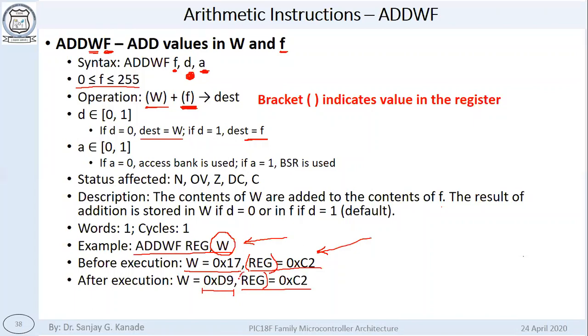It will not change. Instead, if D were equal to 1, then this value D9 would have been stored in REG and W would have remained unchanged. So this is how the ADDWF instruction is going to work.